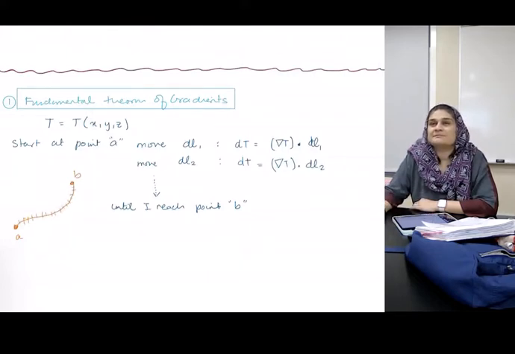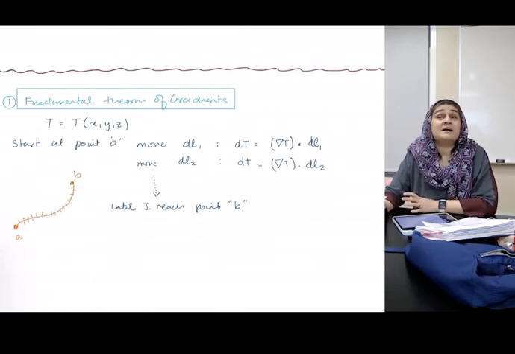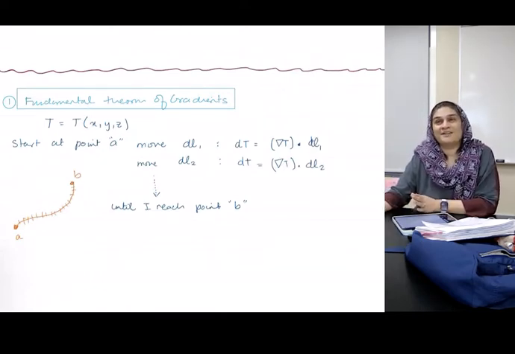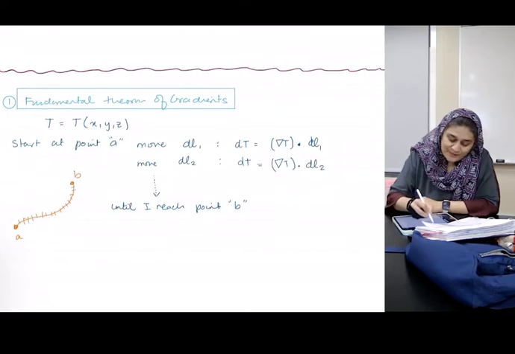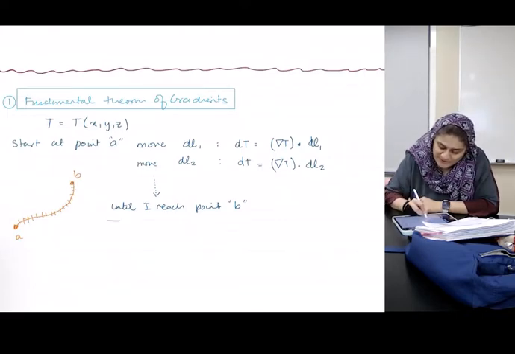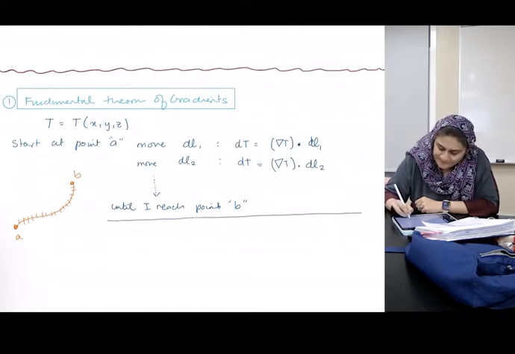Small dLs. Can I then sum over all of the dLs to write my total expression as integration A to B of del T dot dL?